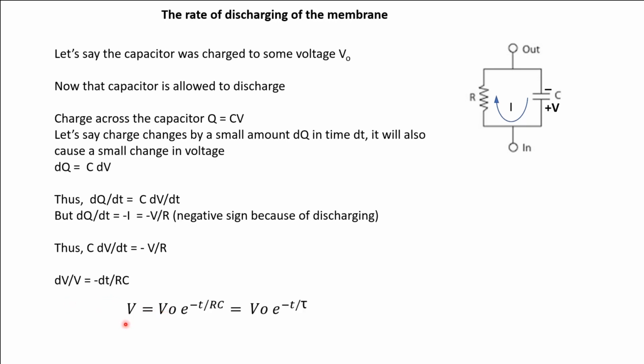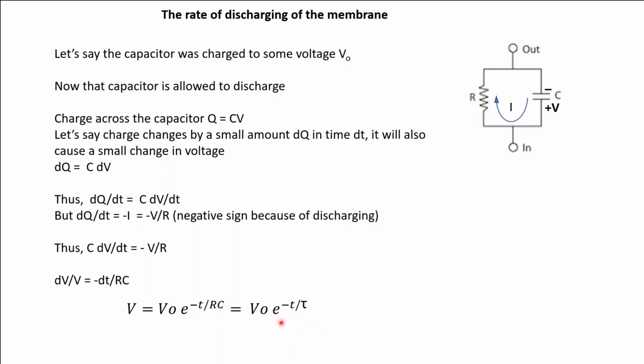That gives us V is equal to V0 e to the power minus t over RC. And since R and C are both constants, we can denote them by a single constant, tau. So finally we have V equals V0 e to the power minus t over tau. So it's an exponential decay.